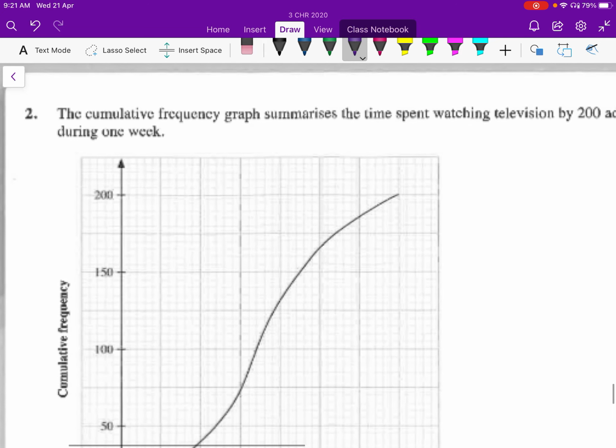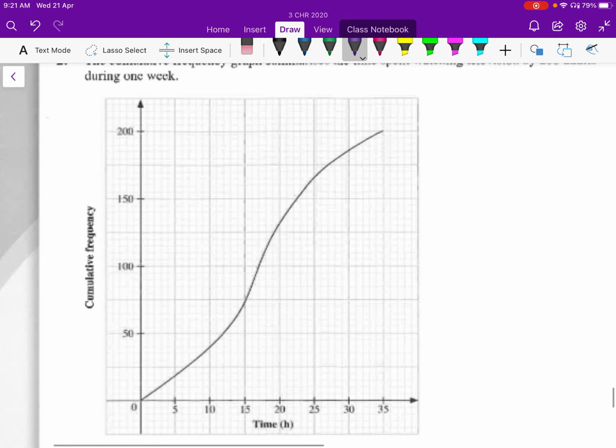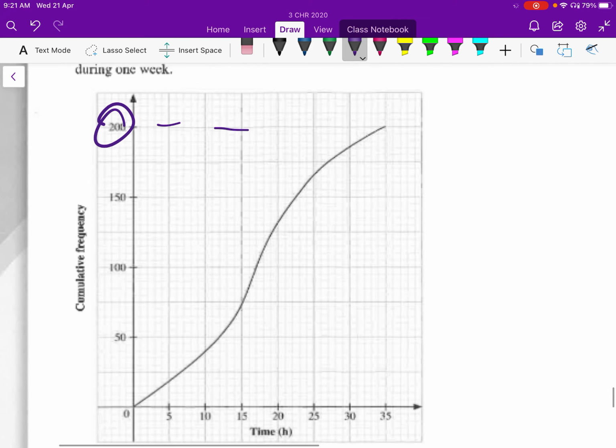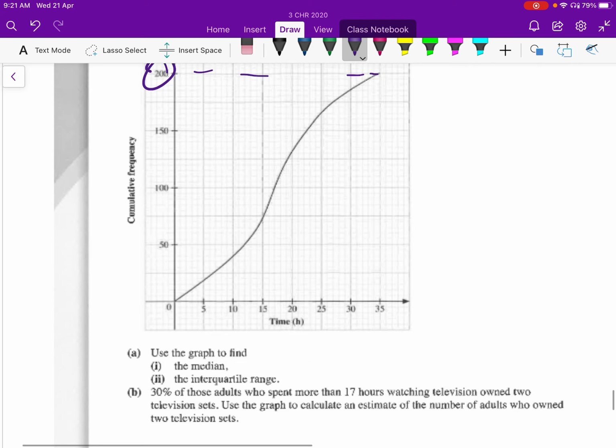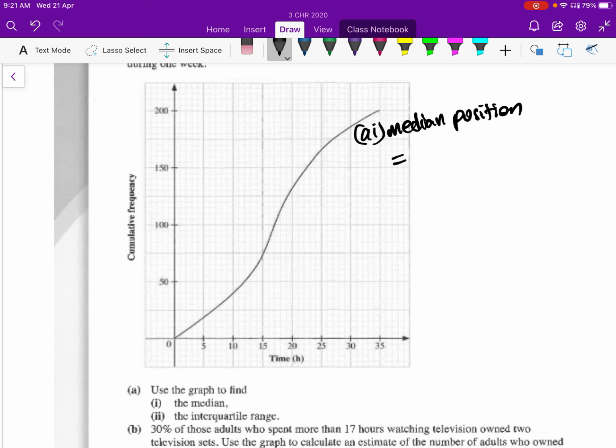So this is the time spent watching TV by 200 adults. There are 200 adults, so it corresponds to this. So use the graph to find the median. Okay, to find the median, we need to first find the median position. So part A, part 1, median position equals to?